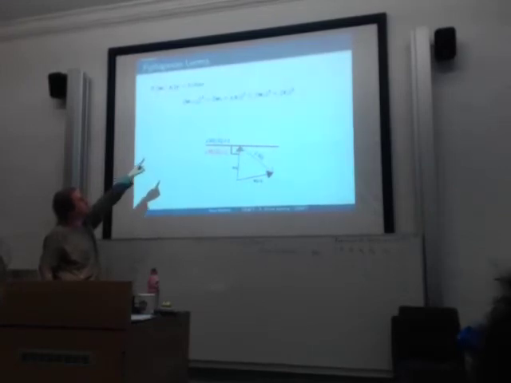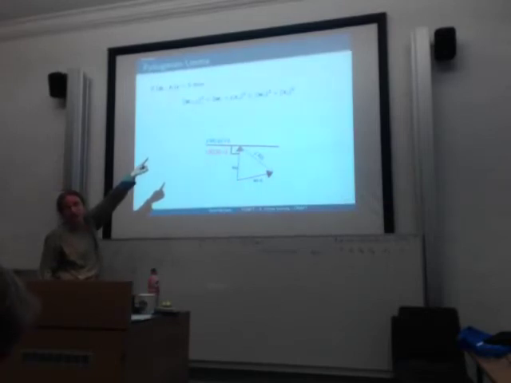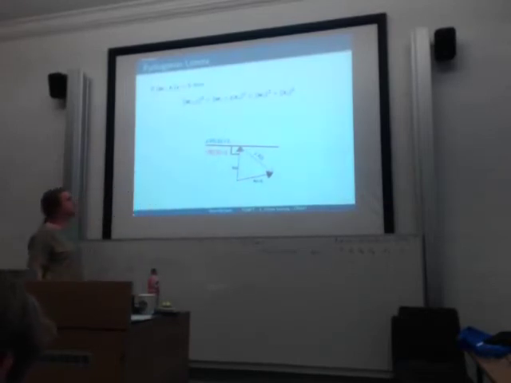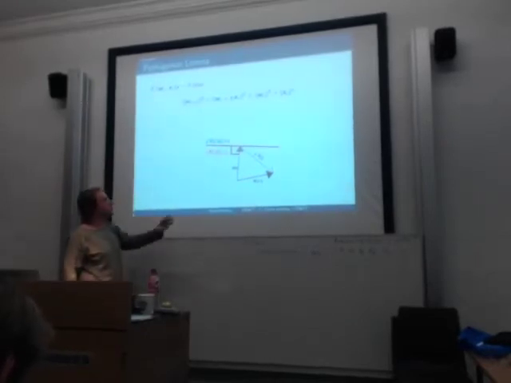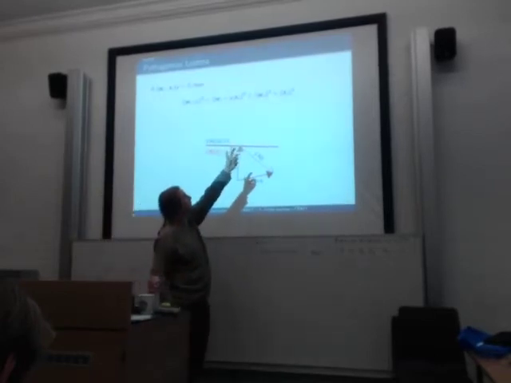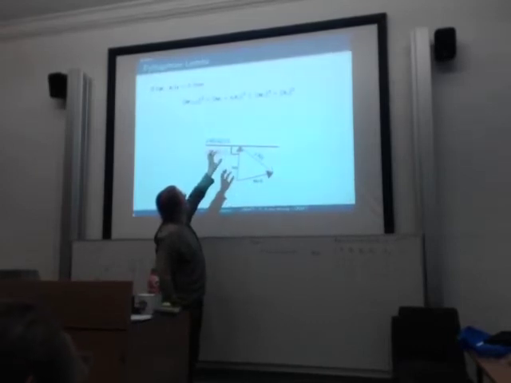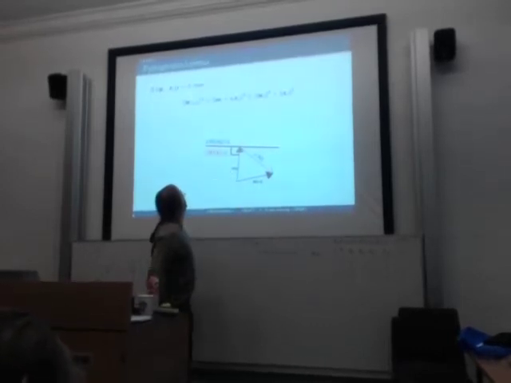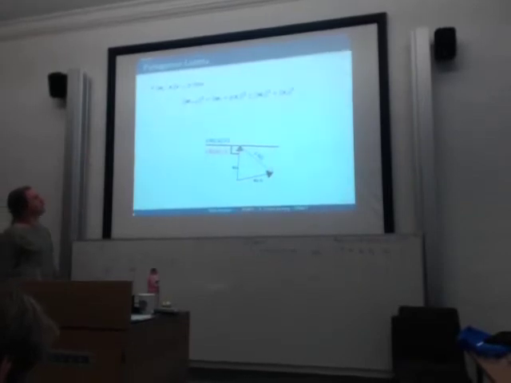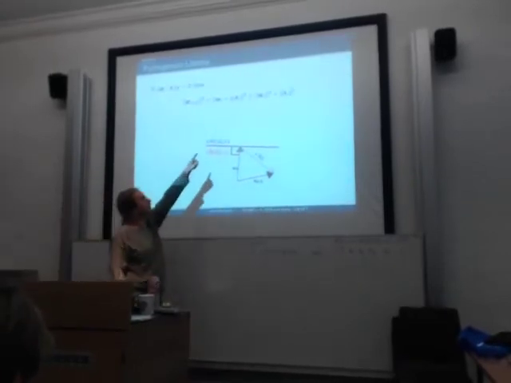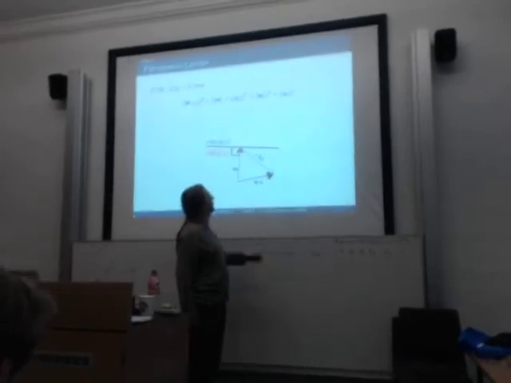So wi plus 1, by the definition of the update, is equal to wi plus yi xi. What is wi plus yi xi squared? That's wi squared plus xi squared plus 2 wi yi xi. We know that last term is negative, and so we can drop that and bound by the positive terms.